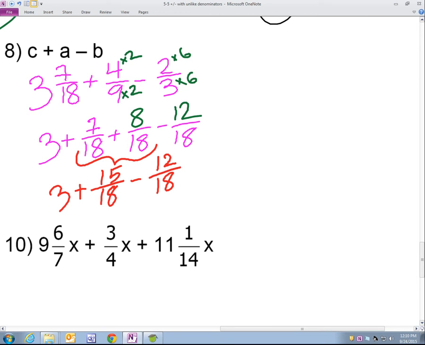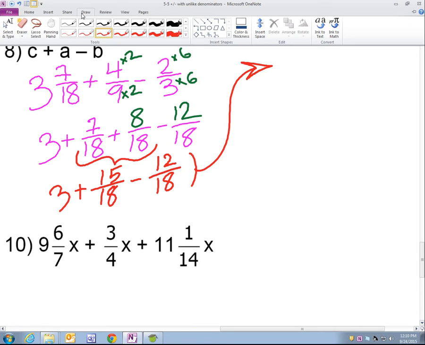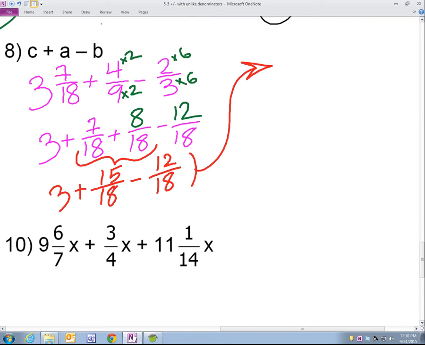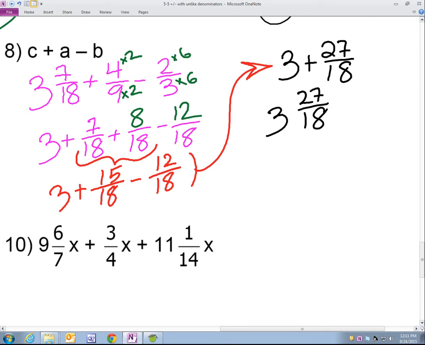So I'm going to go up here. Now I have 3 plus 15 plus 12 is 27. And we still have 18ths. Am I done? No. Okay, how about now? What do I need to do?